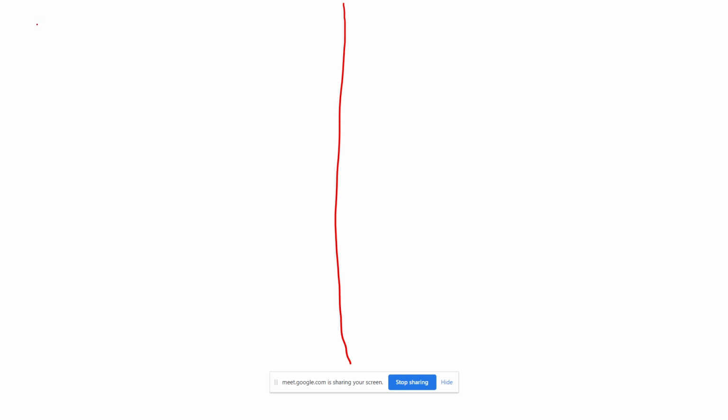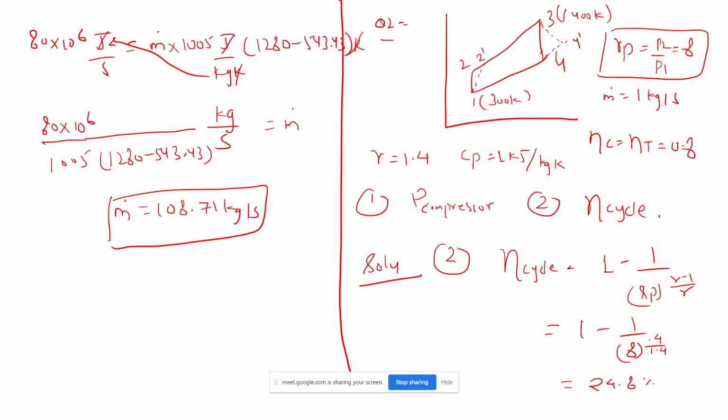Sir, efficiency by this formula is 44.79%. I haven't calculated it; the person was saying 24.8, that's why I have written that directly. 44.8, sir, I'm getting. Okay, wait, I'll calculate and tell you.